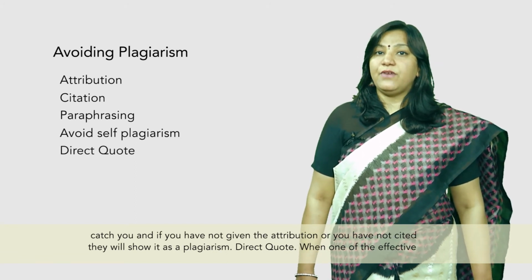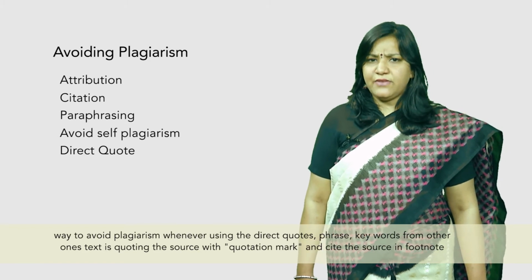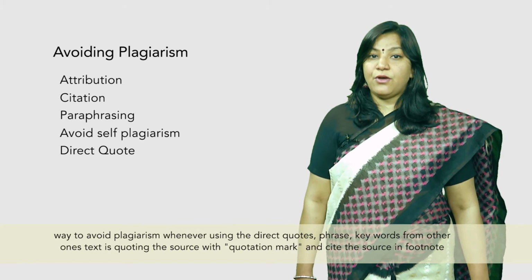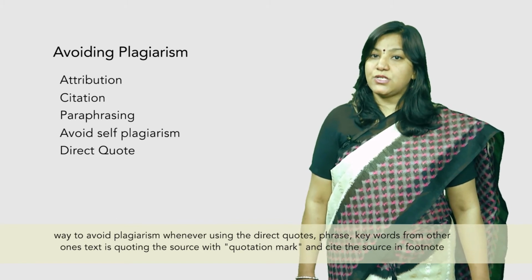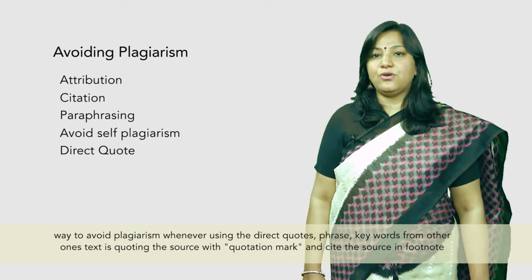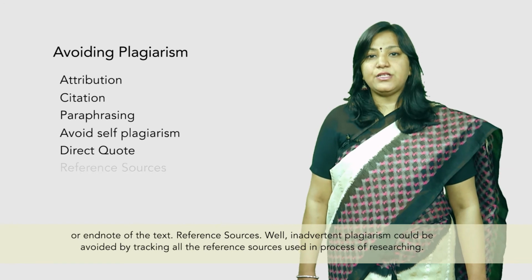Direct quote. One effective way to avoid plagiarism, whenever using a direct quote, phrase, or keywords from someone else's text, is quoting the source with quotation marks and citing the source in a footnote or endnote of the text. Reference sources.